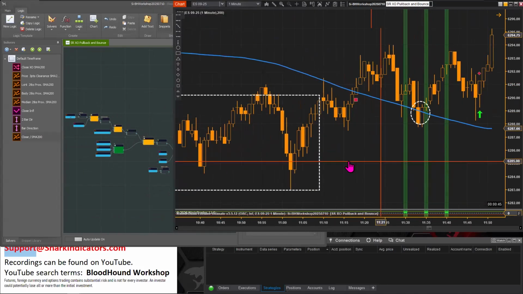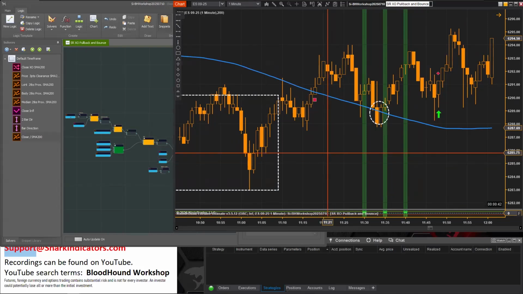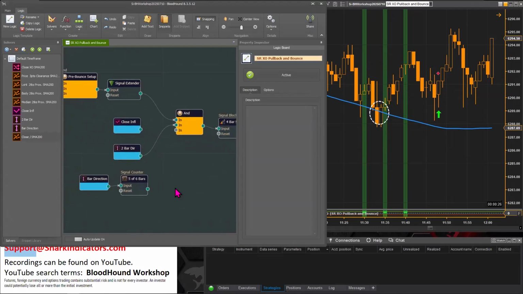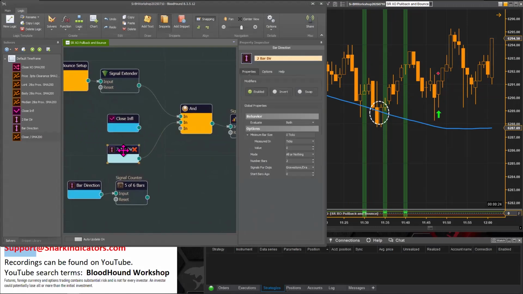All right, so let's see what signals we have. Yeah, we have the cross up. We do get our little clearance. And then right now, what did I do? I connected in the 2 bar bounce requirement.